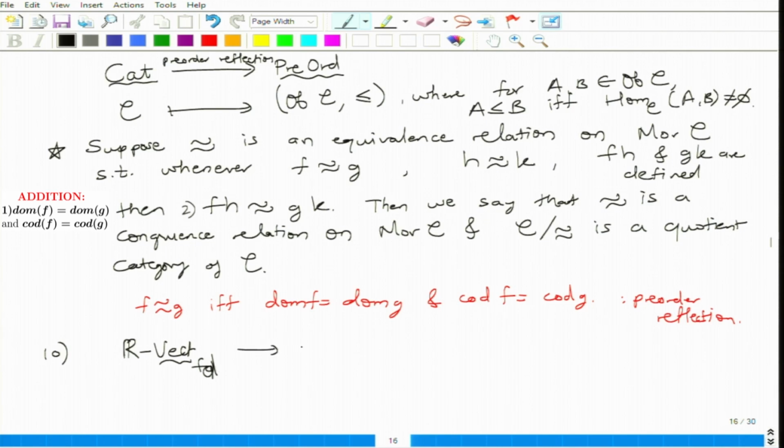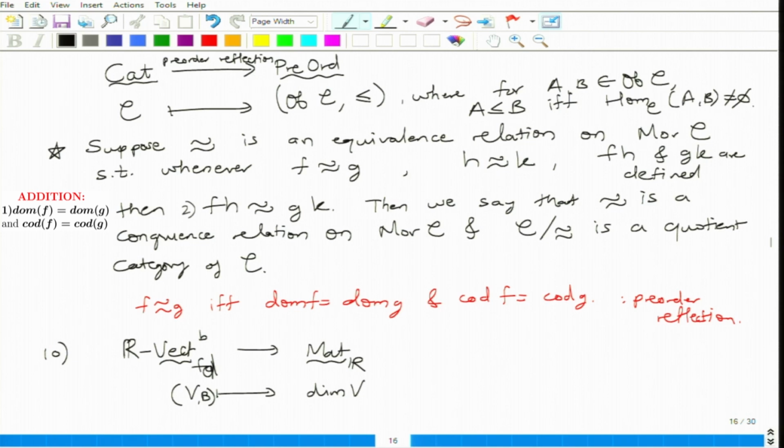Then from here, R vector spaces with a fixed basis, and then I am mapping it to Mat R, and every vector space with a basis will get mapped to simply the dimension of V.